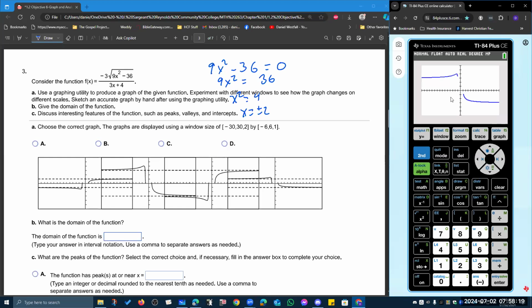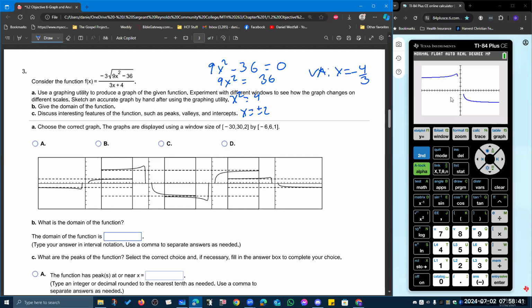But there should not be any behavior close to the vertical asymptote. There's going to be a vertical asymptote at x equals negative 4/3 if that's in the domain.